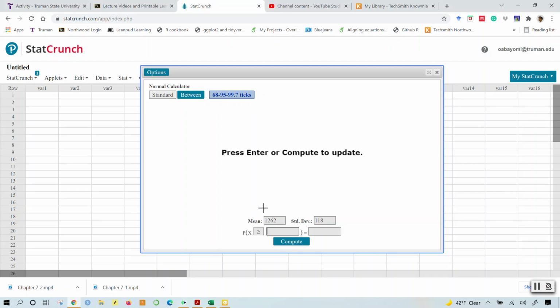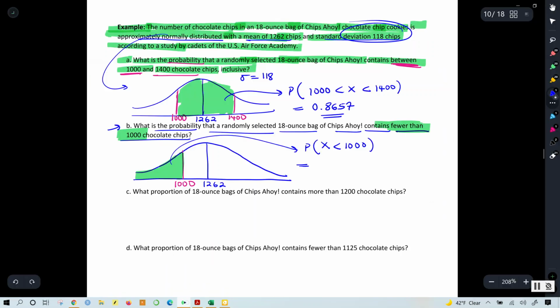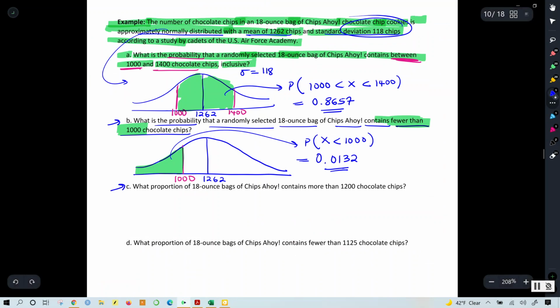So I want less than or equal to 1,000 and compute. This is 0.0132, to 4 decimal places. With that question completed, we proceed to question C.